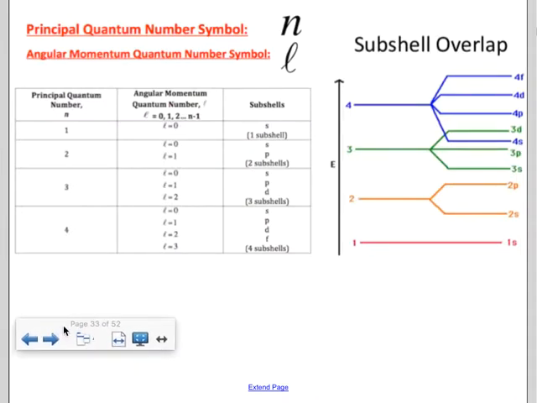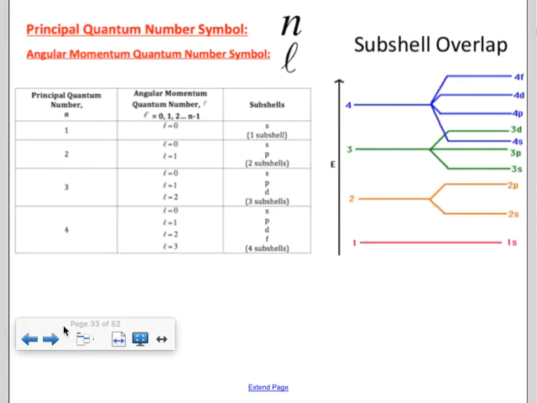Okay, so another diagram depicting the different energy levels. This would be the first row in the periodic table, second, third, and fourth. But we do have some sub shells or sublevels. So we have 1s. There's no 1p or 1d. 1s is just the first energy level.